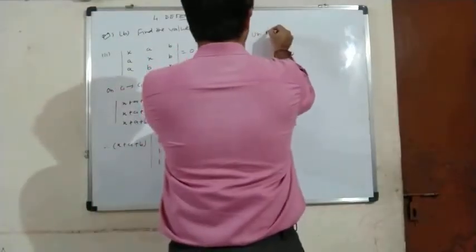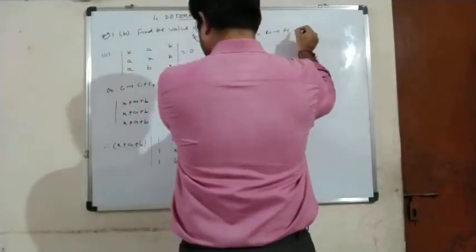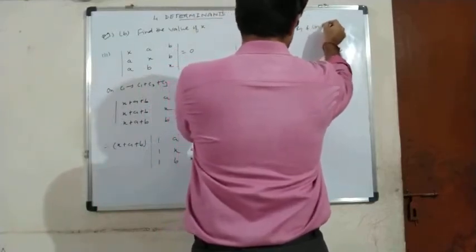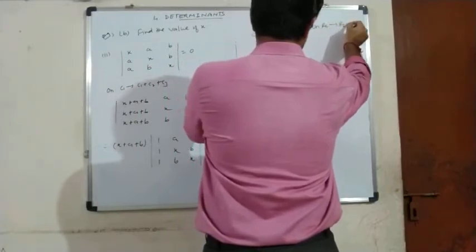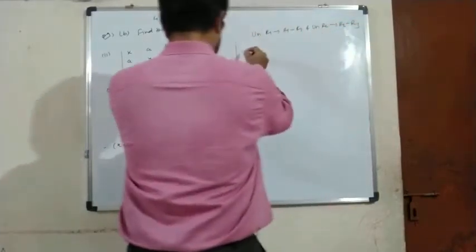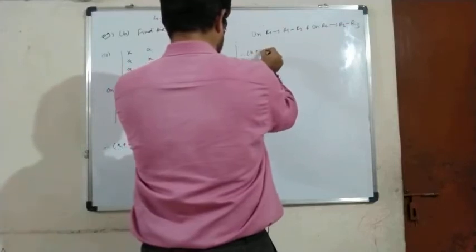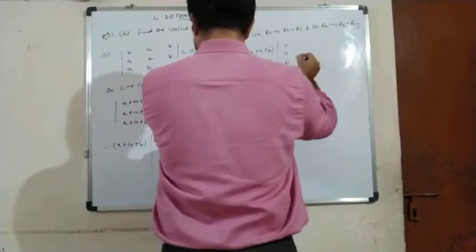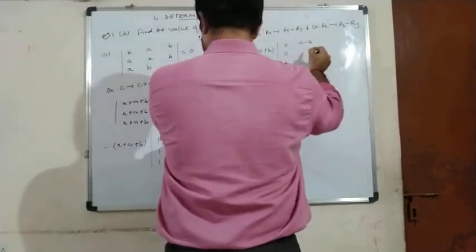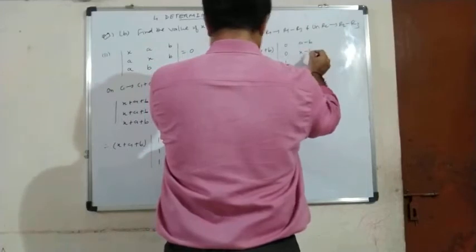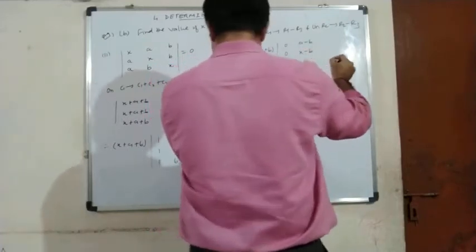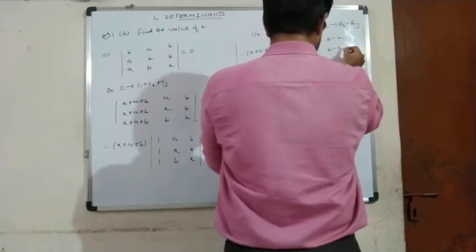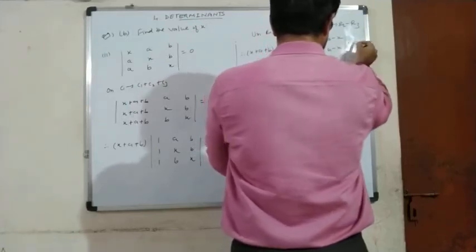Okay, on R1 minus R3 and on R2 minus R3. Therefore, x plus A plus B, 0, 0, 1, A minus B, x minus B, B, then B minus x and x equal to 0.